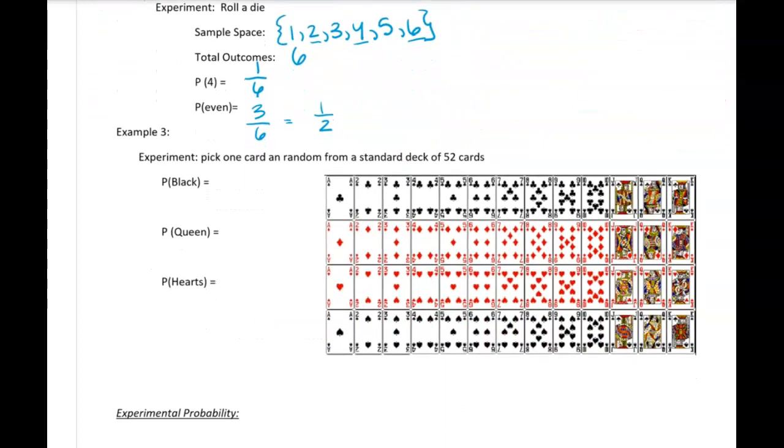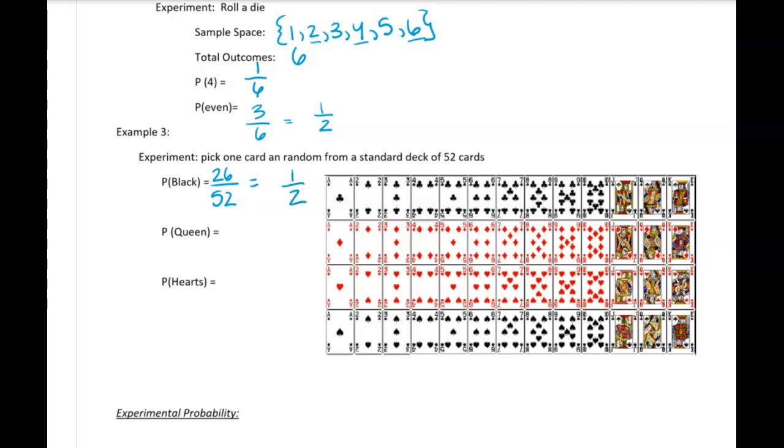Now we have a slightly more interesting so-called experiment. We're going to pick a card at random from a standard deck of 52 cards. So for the probability of getting a black card, there are 13 in each row because there are 10 numbers and Jack, Queen, and King. So the probability of getting black is 13 plus 13, which is 26 over 52, which simplifies to 1/2.